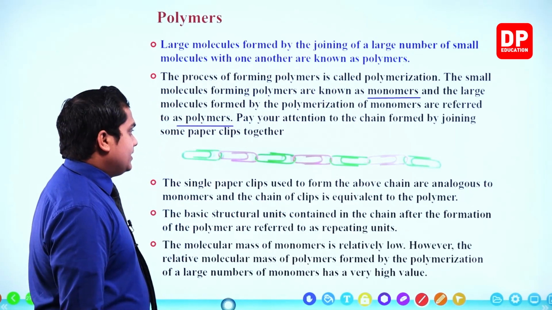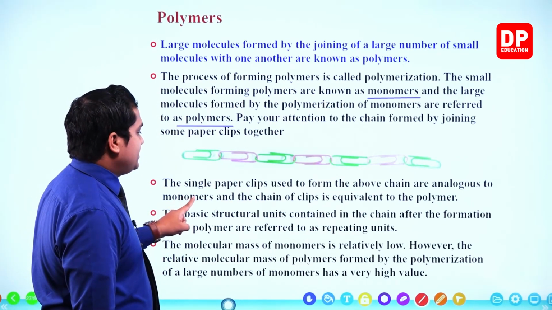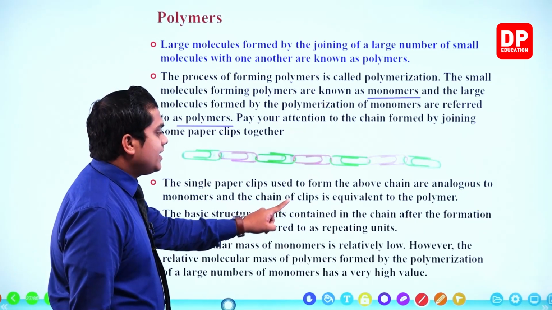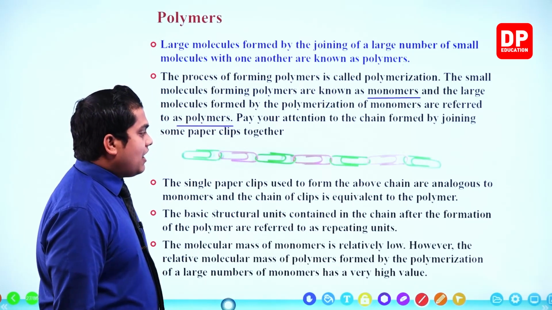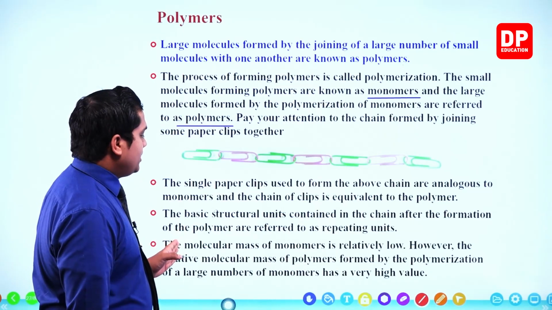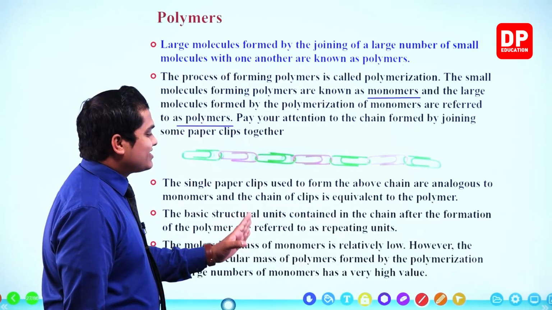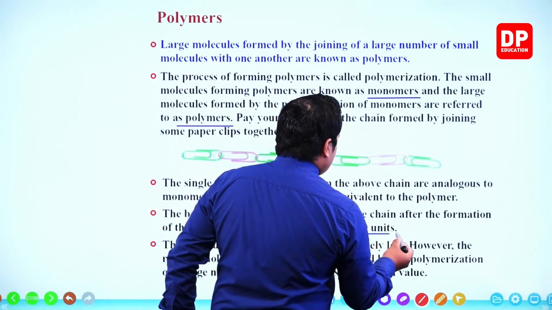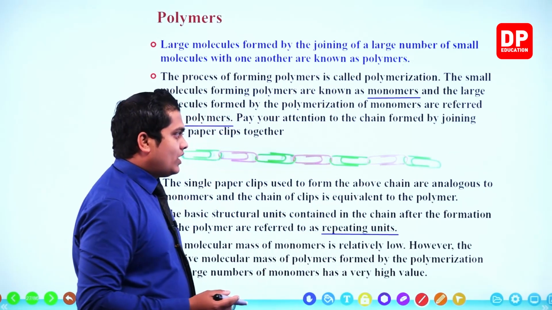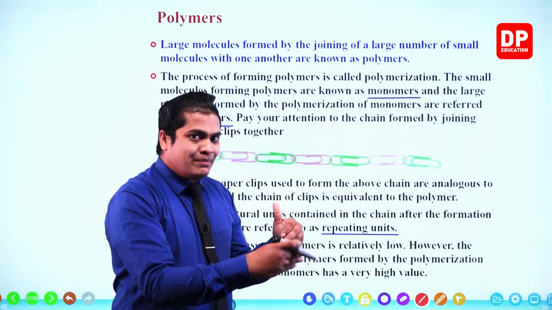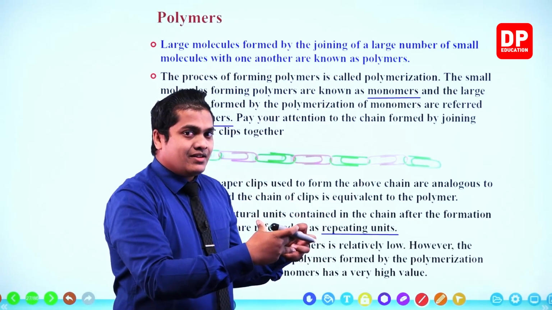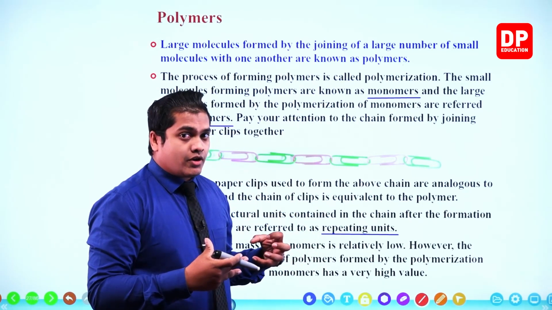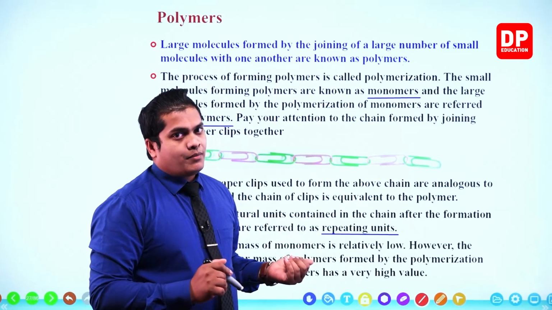The basic structural units contained in the chain after the formation of the polymer are referred to as the repeating unit. Repeating units are the ones which are repeatedly bonded in the creation of a polymer.